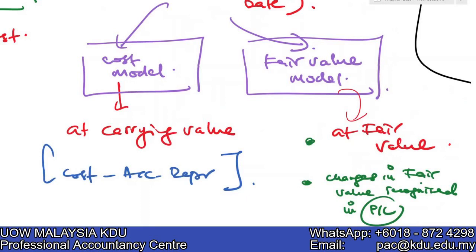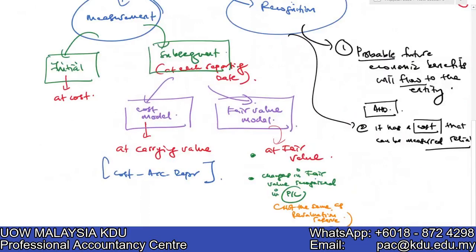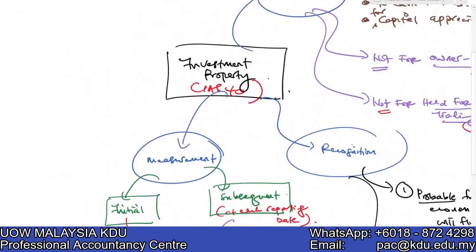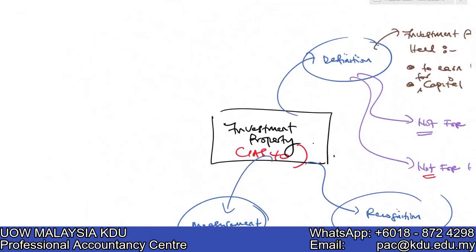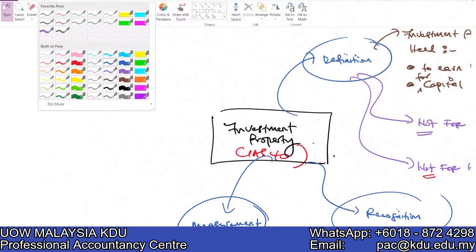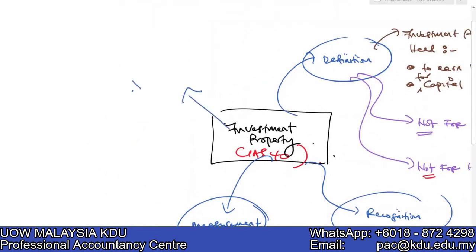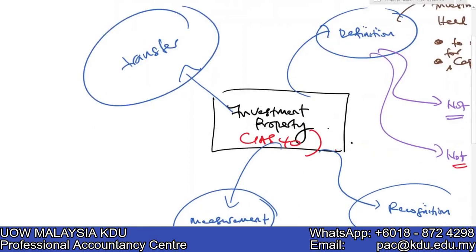Now, the next area that we need to know under IAS 40 is the transfer. Transfer from what type of properties to what type of properties? Let's say, currently this building is used as my head office. What are they classified as?